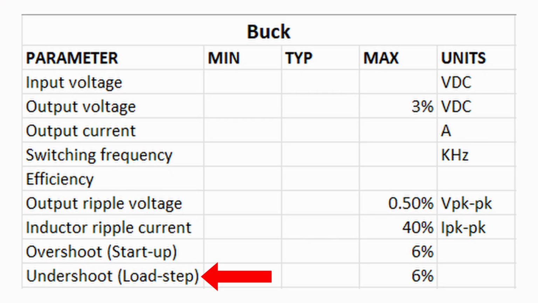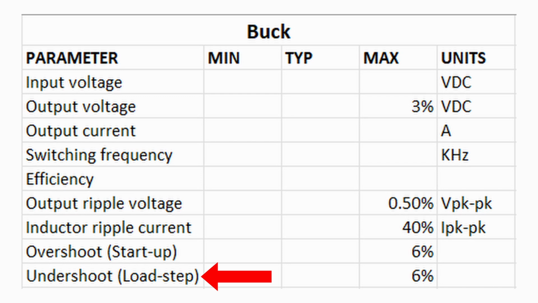A common value you will see for overshoot is going to be around 6%. So in the example of the 3.3 volt buck regulator, a 6% overshoot will yield a voltage of around 3.5 volts maximum. And then the final parameter on our spec sheet is going to be undershoot.